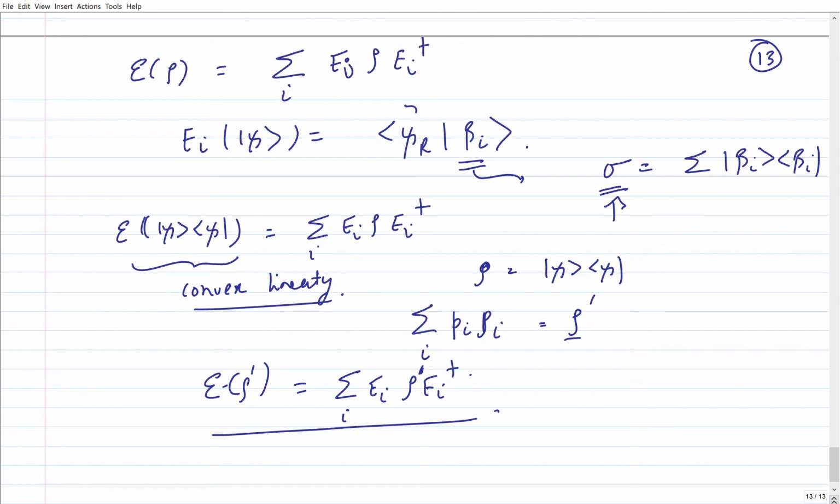So as a last topic, which is also kind of important, does a quantum operation have a unique operator sum representation?